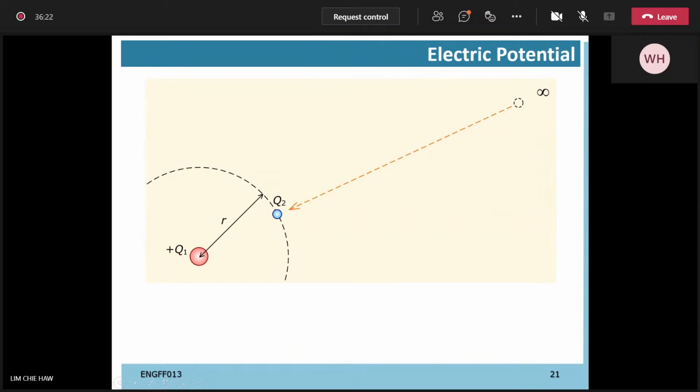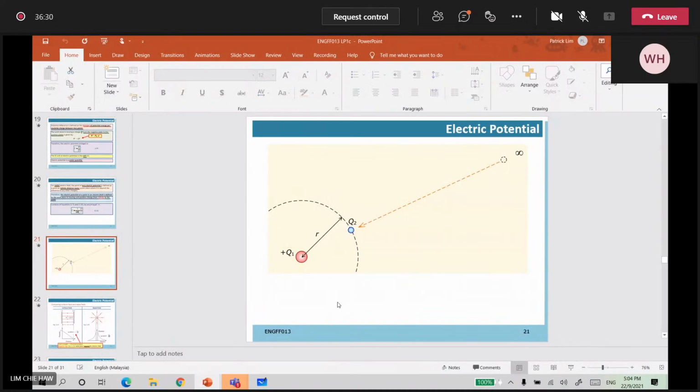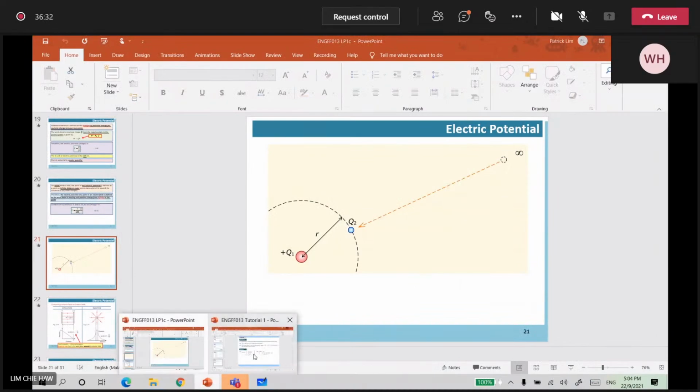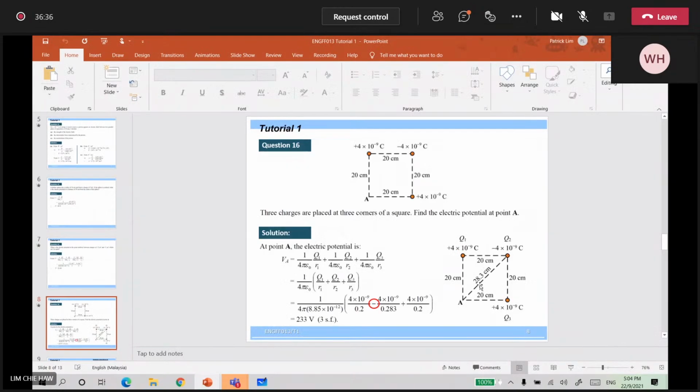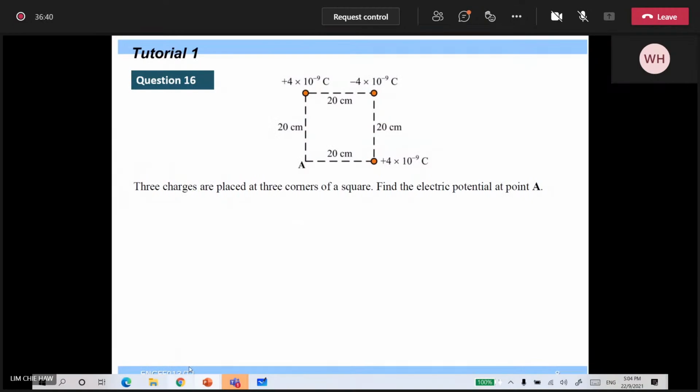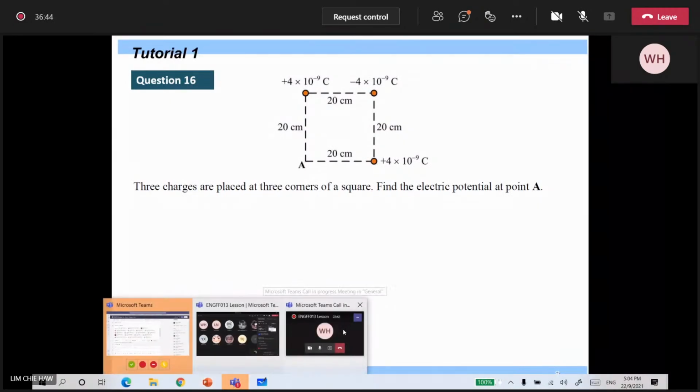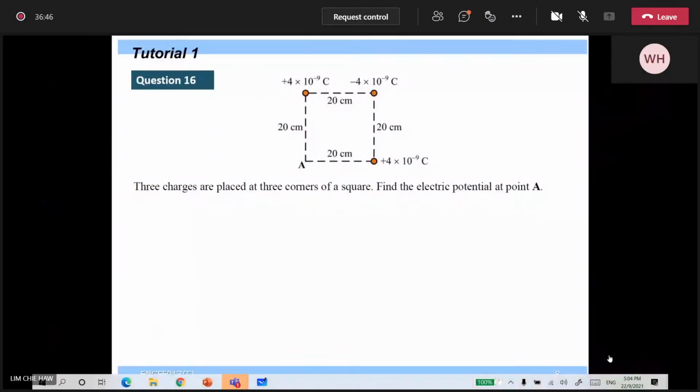So I will jump straight to one of the tutorial questions, which is question number 16. This is the one. Same problem again, I cannot just switch, I have to unshare first.